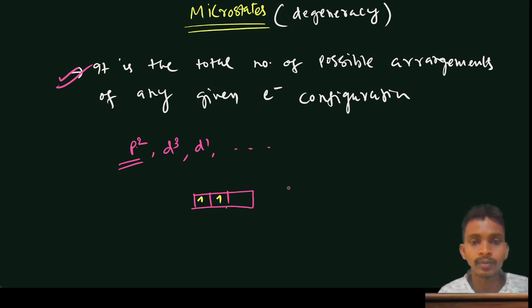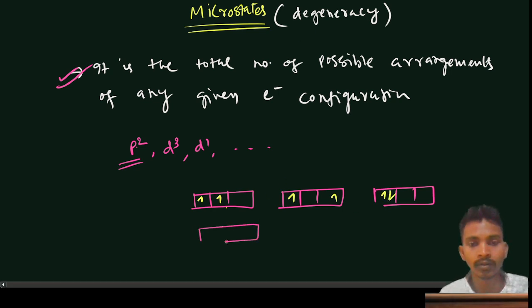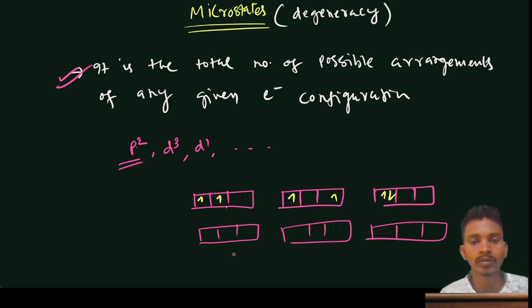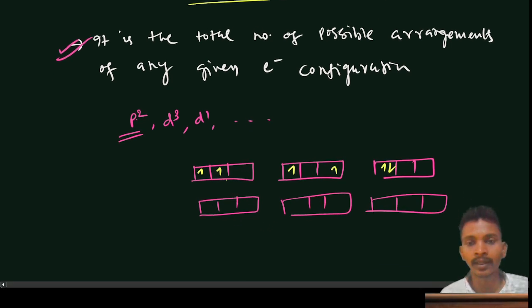And this is also possible, so different possibilities are there. Let's see, if I put it like this, or like this, or I may also put it another way, so different arrangements are possible.